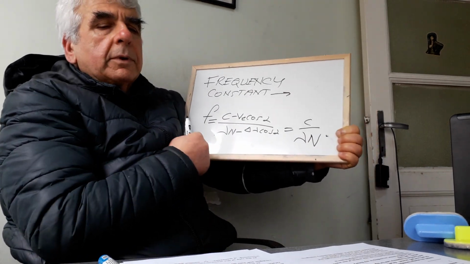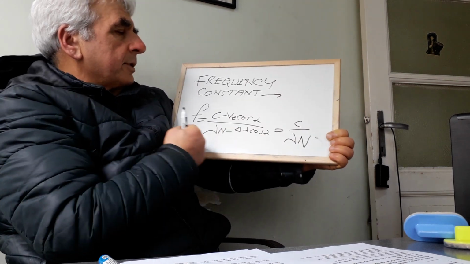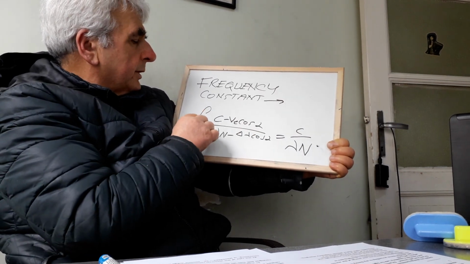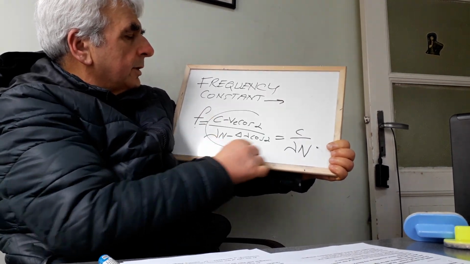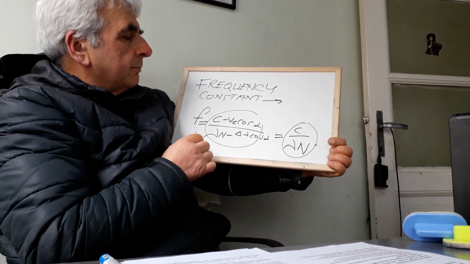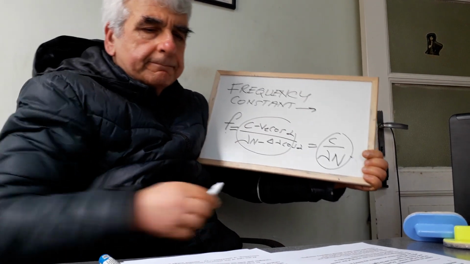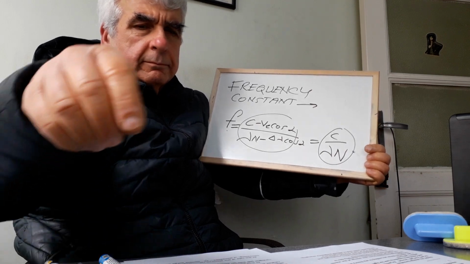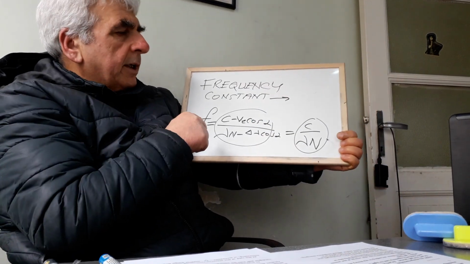These are formular relationships. Frequency equals this and equals this. Okay? According to my theory.